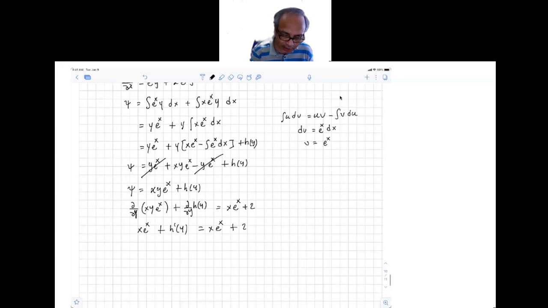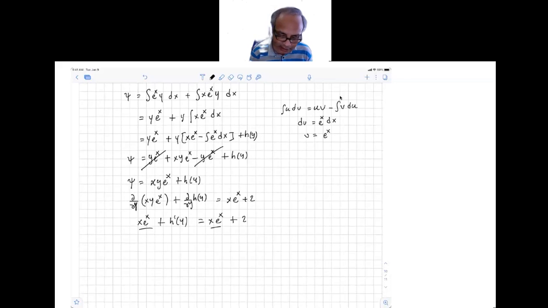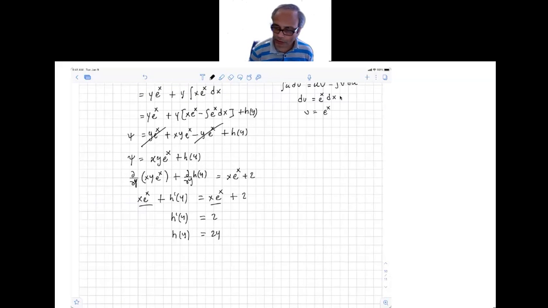And you see that x e to the x gets cancelled, which is nice, and you end up with h prime of y equals 2, which means h of y equals 2y. And again, we are not going to consider the constant of integration. We are ignoring that, but we are not neglecting that. It will come in the next step, you will see.